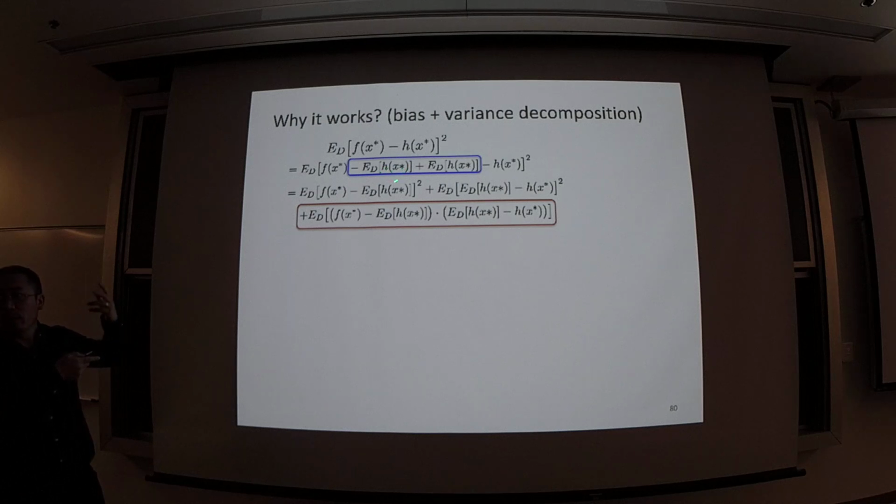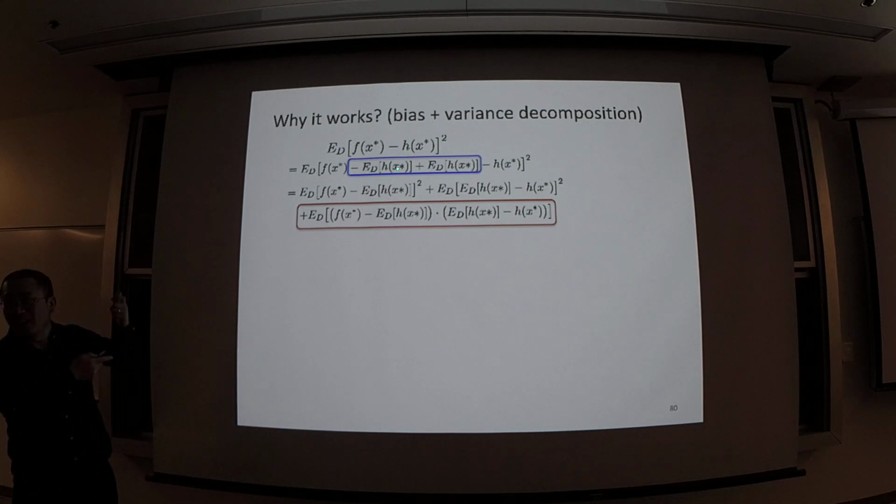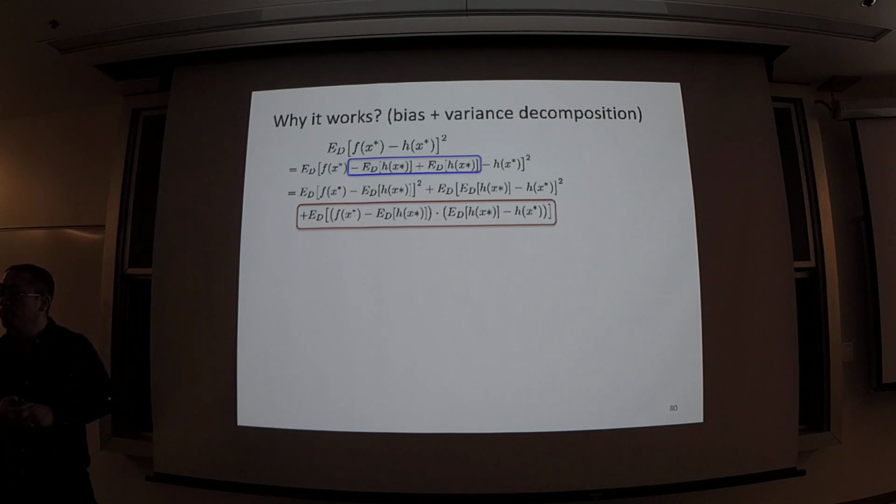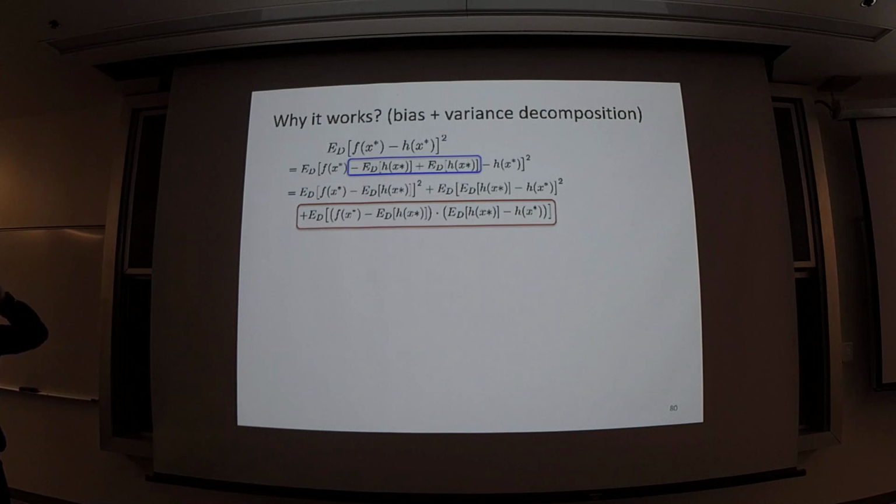So this expectation is, on average, the prediction of my learned classifier using all kinds of training sets. Does it make sense? Is everybody comfortable? Okay. If you have any problem, just let me know.